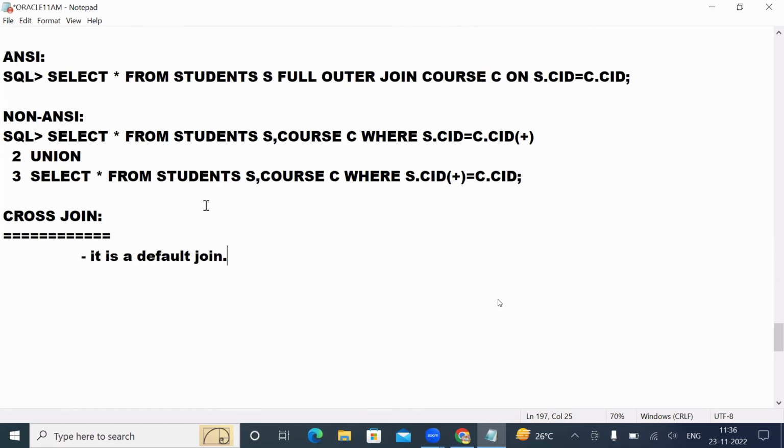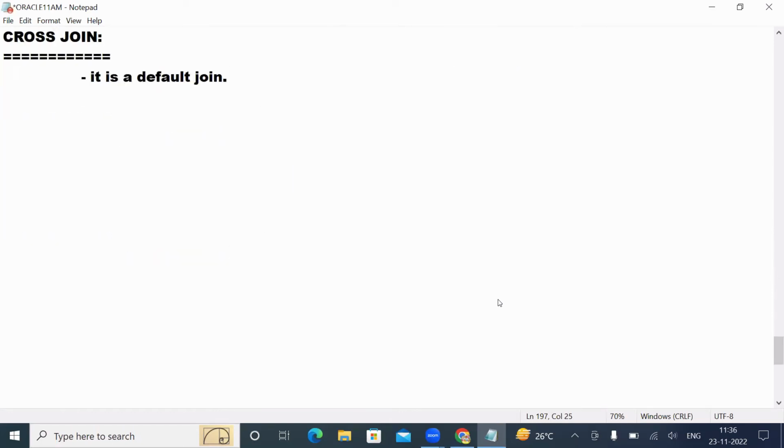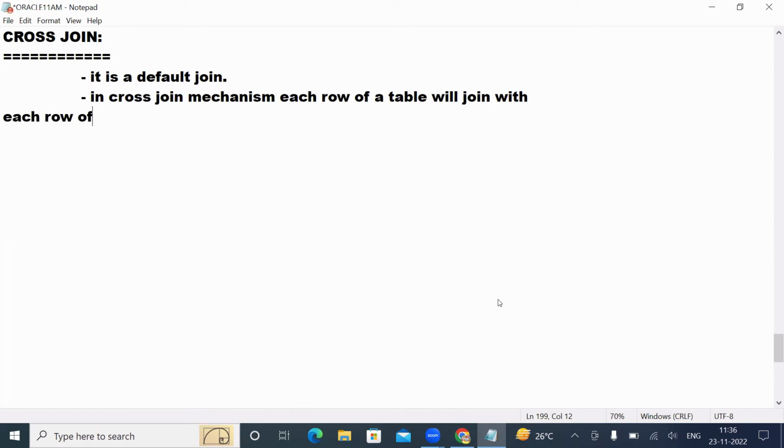Next, observe how this cross join compares the data. In the cross join mechanism, each row of a table will join with each row of another table.